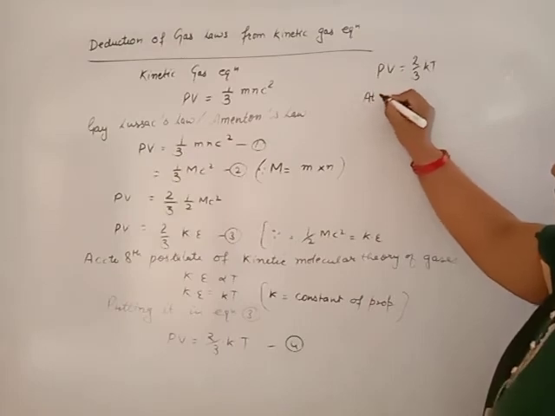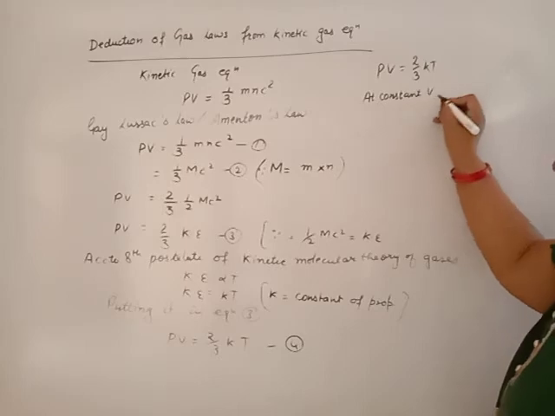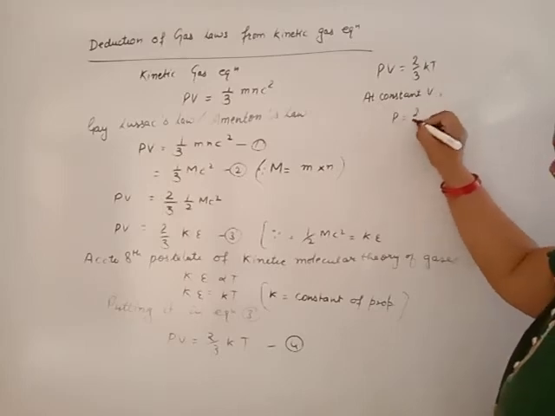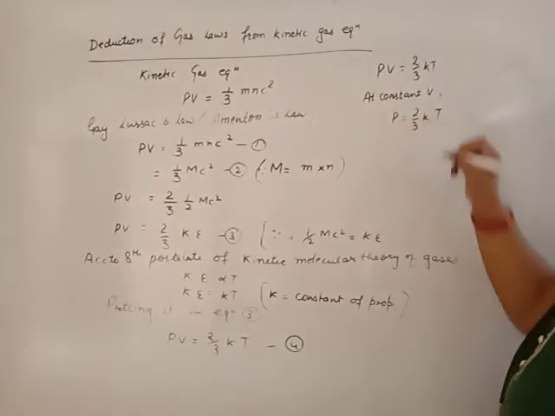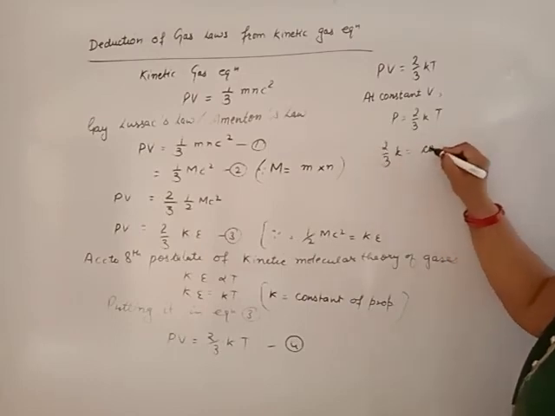At constant volume, P = 2/3 K T, and 2/3 and K remain constant.